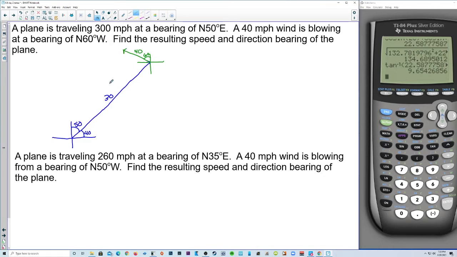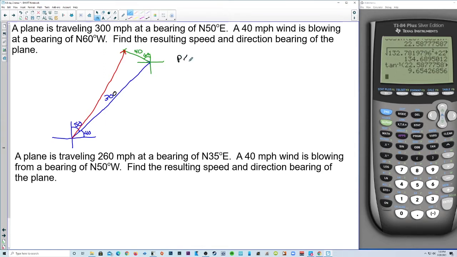Now the resulting vector, we want to know, find the resulting speed and direction bearing of the plane. So we want this vector right there. So we're going to do vector addition with this. So we have the 300. This actually should be 300. We got the 40. So the 300 is with the 40 degrees.